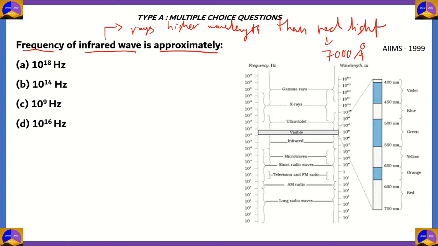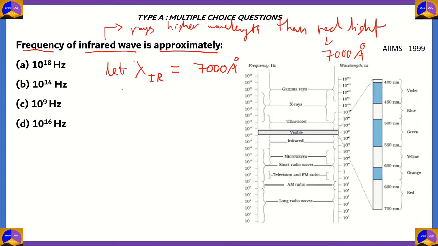So what we'll do is let's consider the lambda or wavelength of an infrared wave to be approximately 7,000 angstroms.